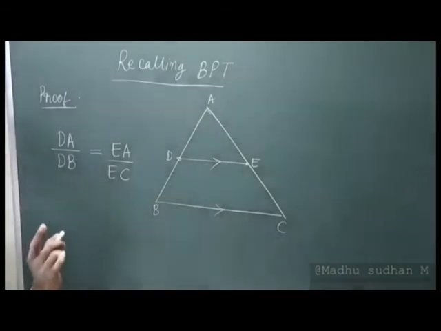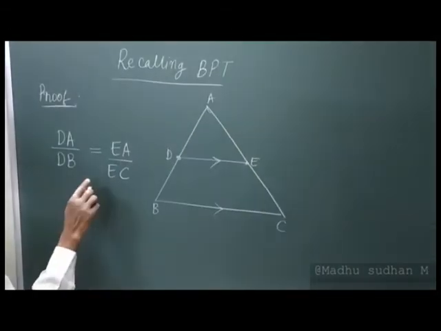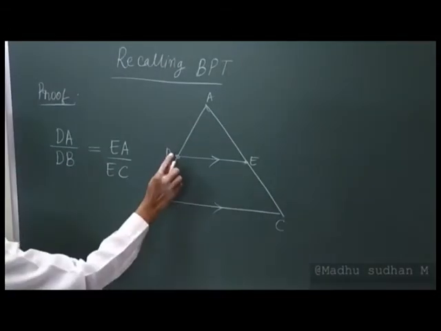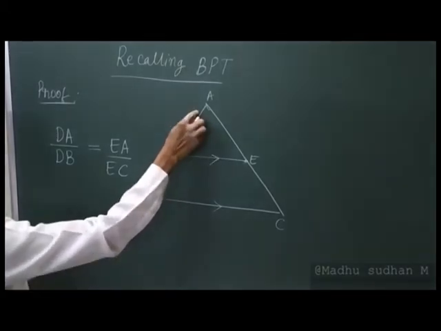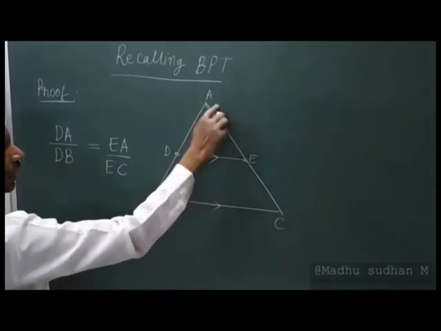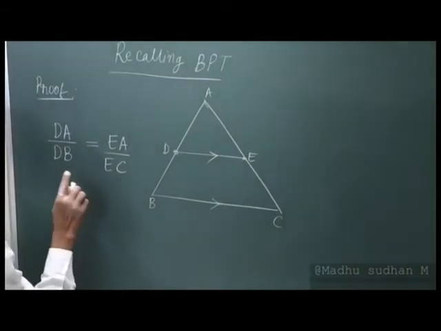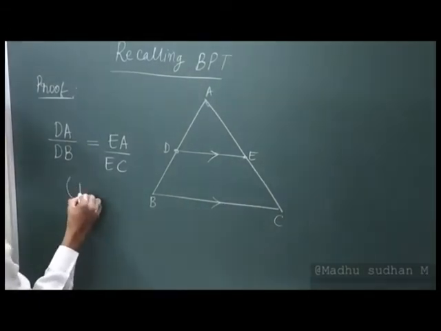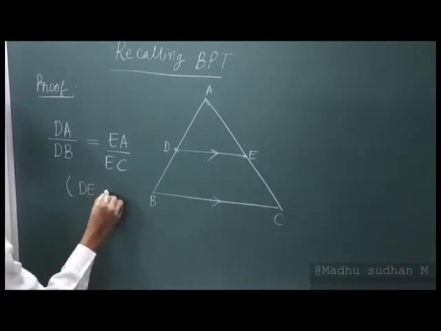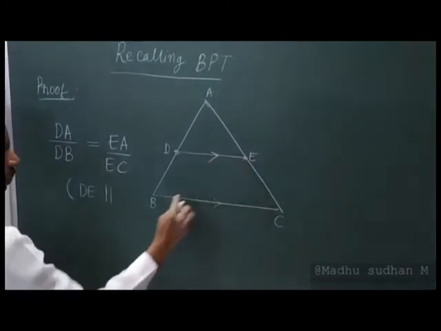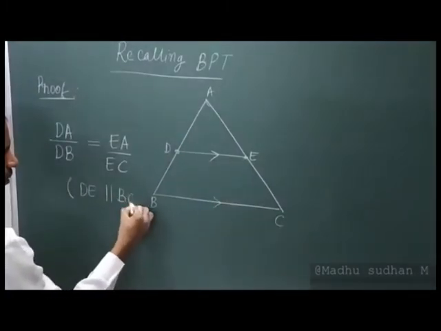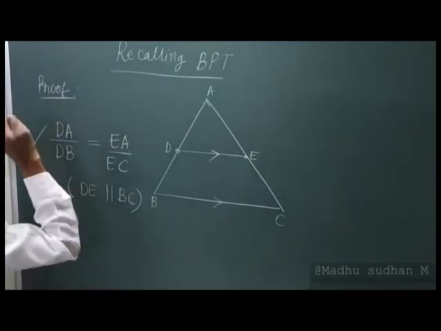This is the best way of understanding and writing it in the same order. Start from this vertex here: DA, DB, EA and EC. A very important note: this is applicable only when DE is parallel to BC. This is what we proved in the previous class.